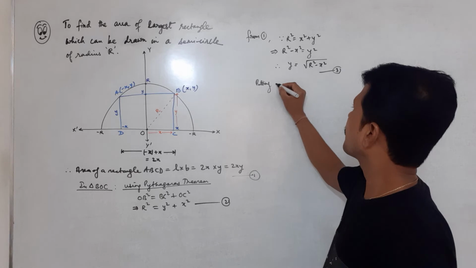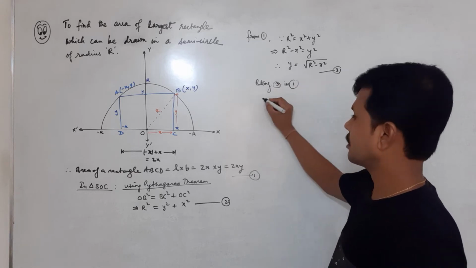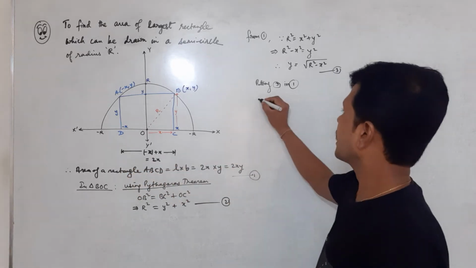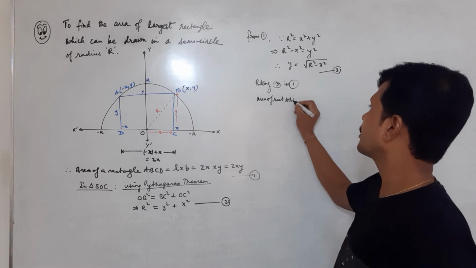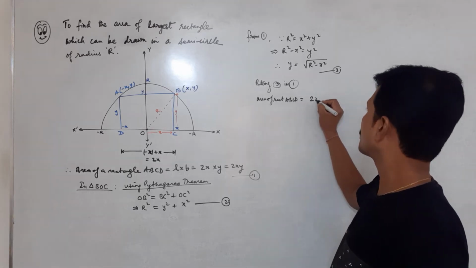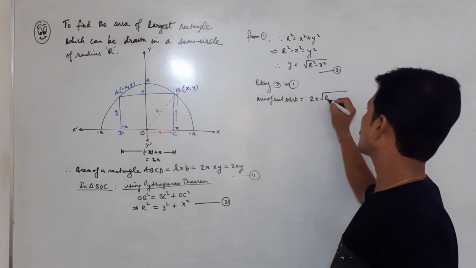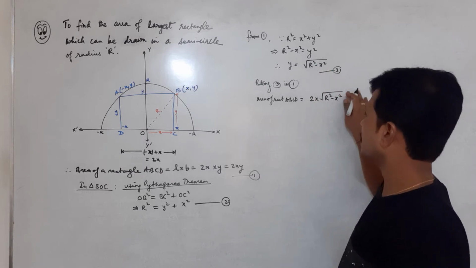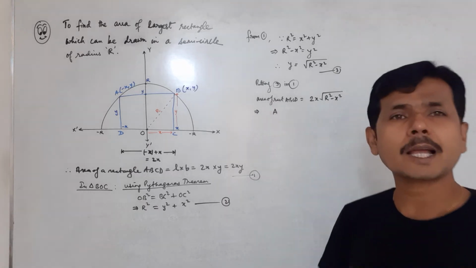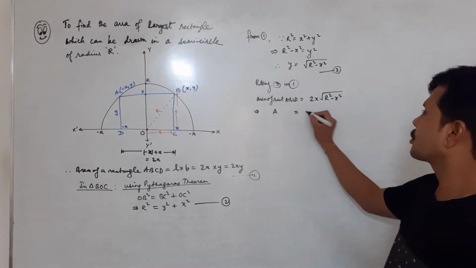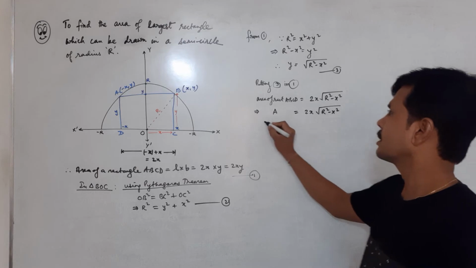Putting 3 in 1, area of rectangle ABCD is equal to 2 times x. In place of y I am going to put under root r square minus x square. For time being I am just considering area of rectangle equal to A. So this is equal to 2x times under root r square minus x square.